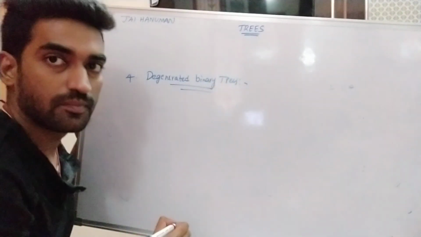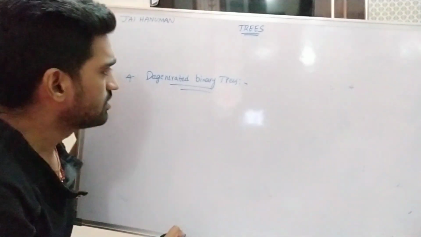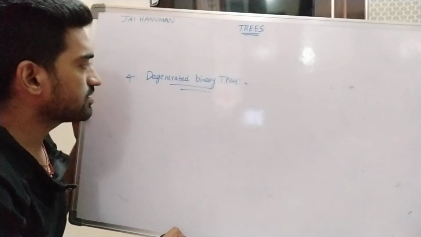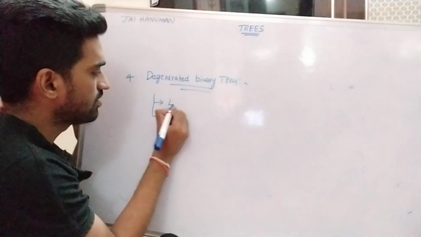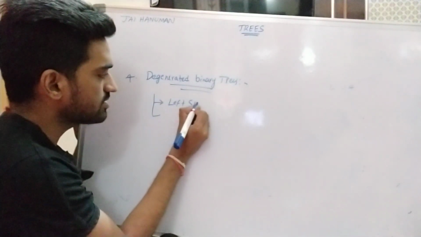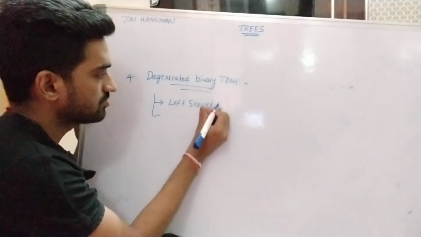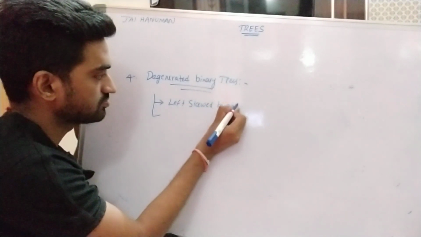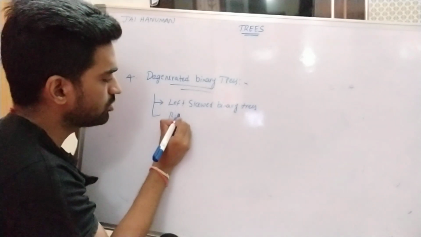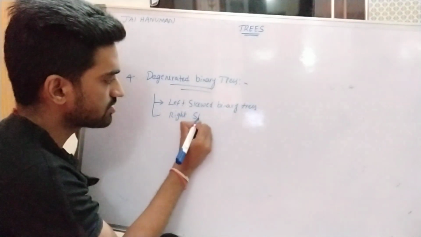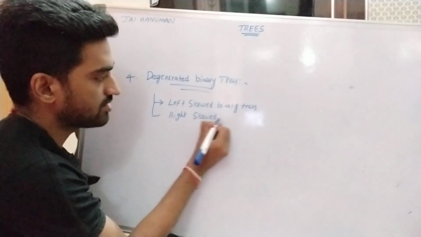In degenerated binary trees, there are 2 more types: left skewed binary trees and right skewed binary trees.